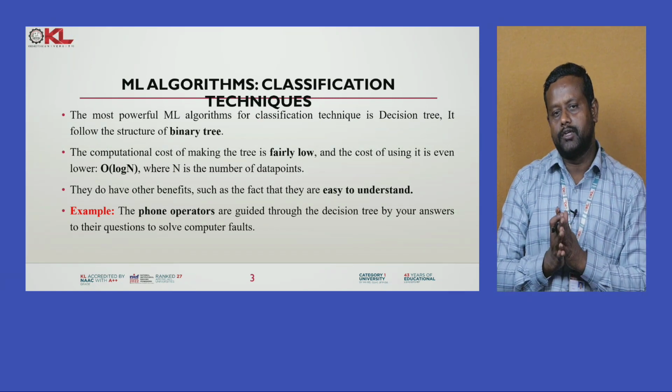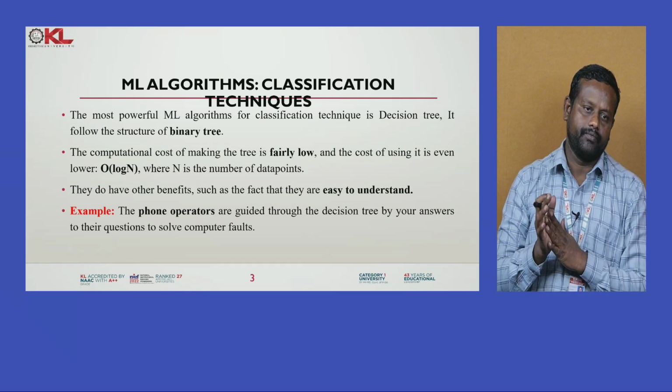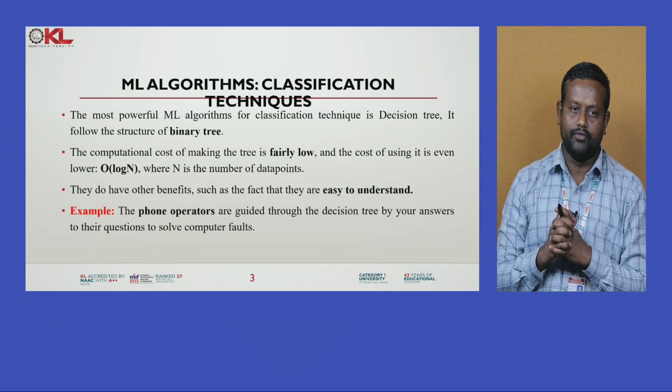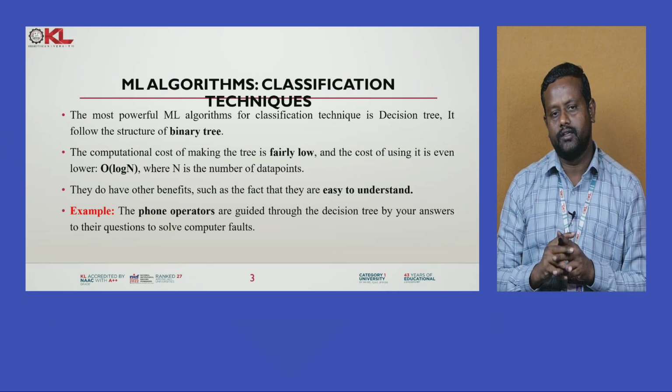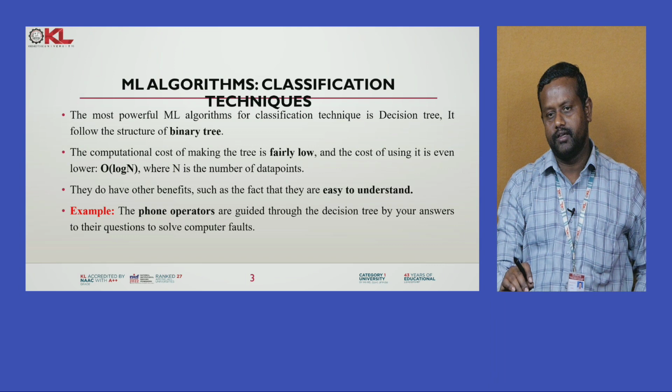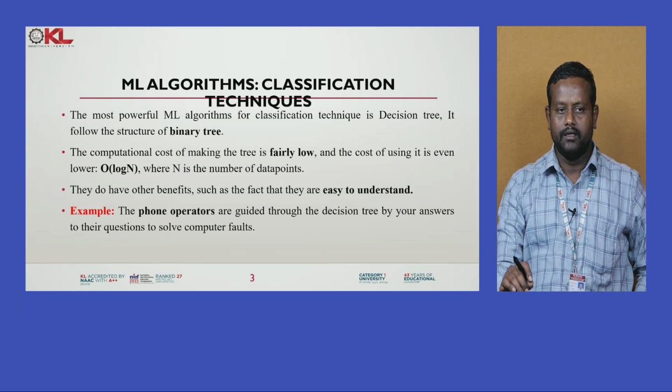The decision tree is the most powerful machine learning algorithm for classification techniques. It follows the structure of a binary tree.